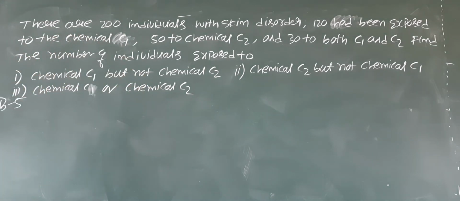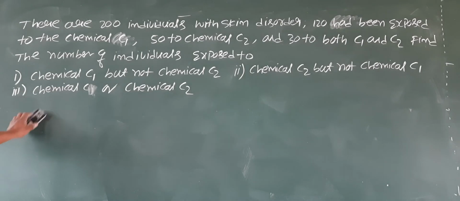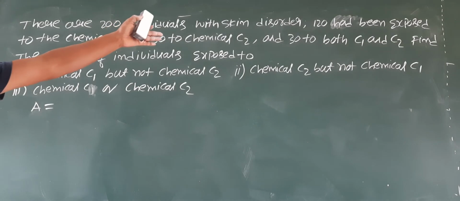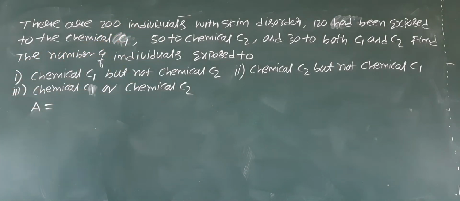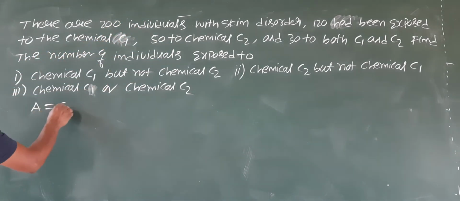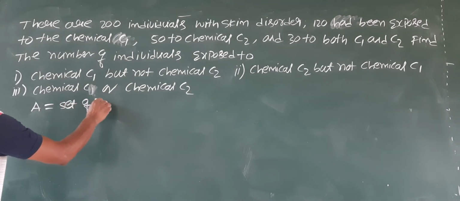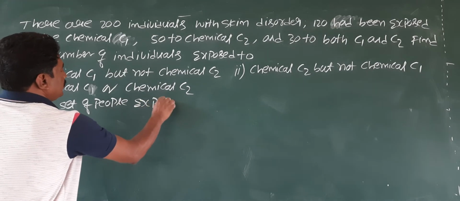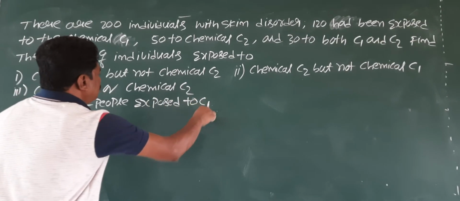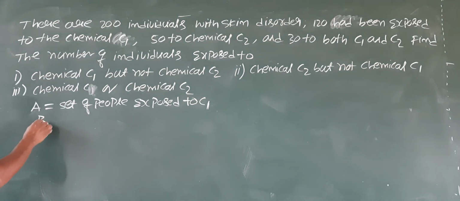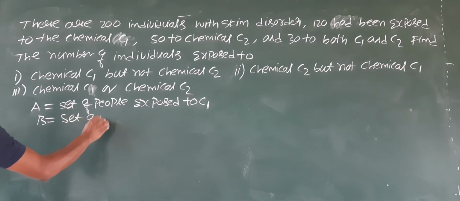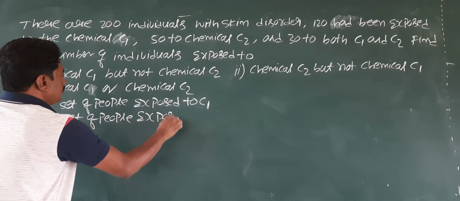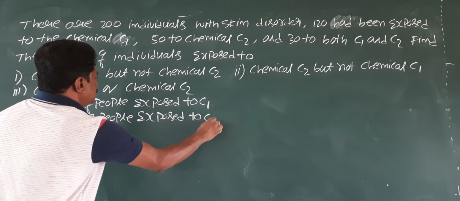Now let us solve. Again, solving this by Venn diagram is so easy. Set A is the set of people exposed to chemical 1, C1. Set B is the set of people exposed to C2.